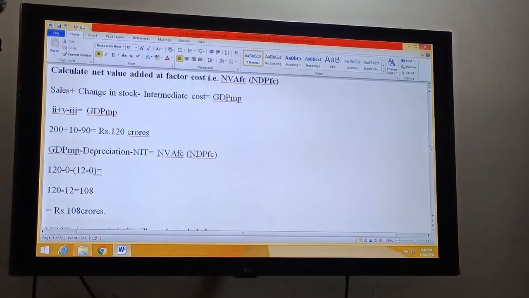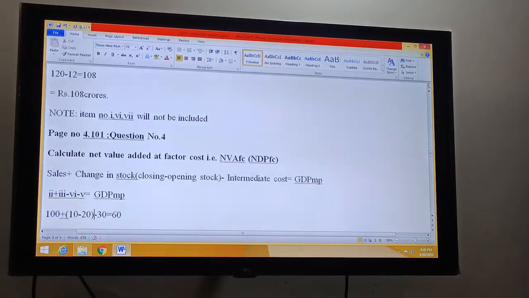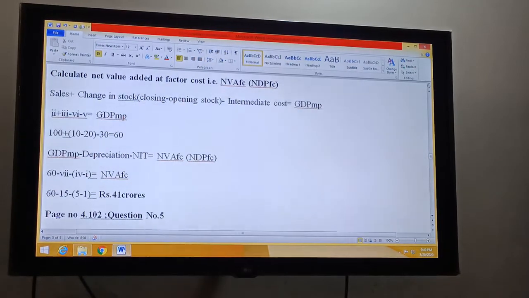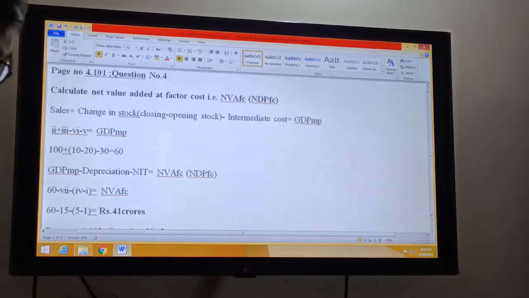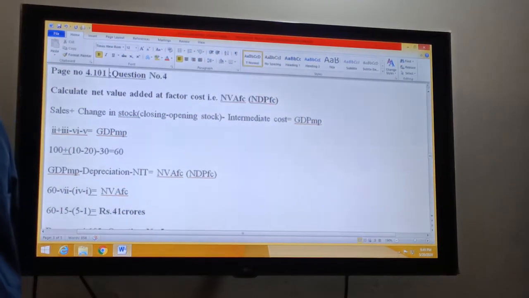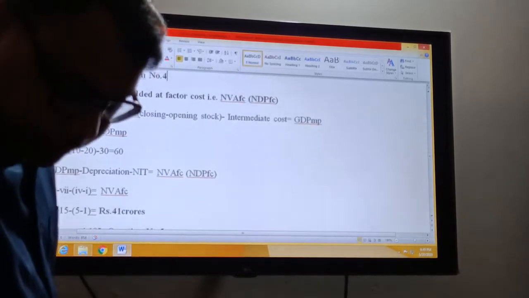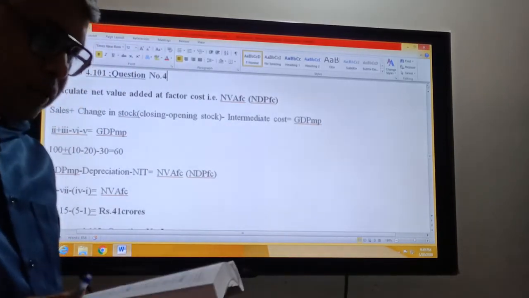Now we'll do the next question, question number 4. See, item number 4 is given at the same page number 4.101.